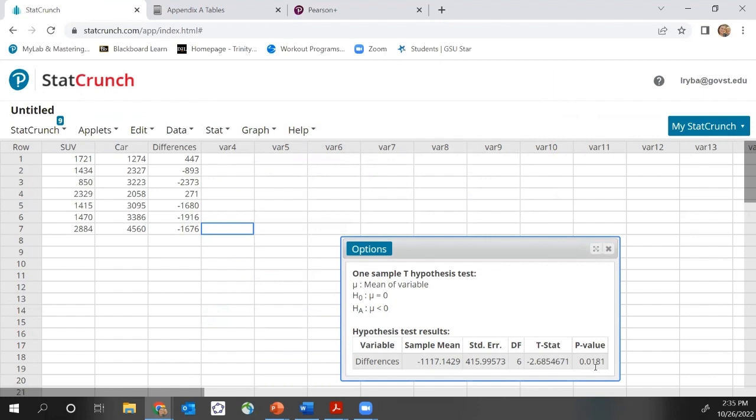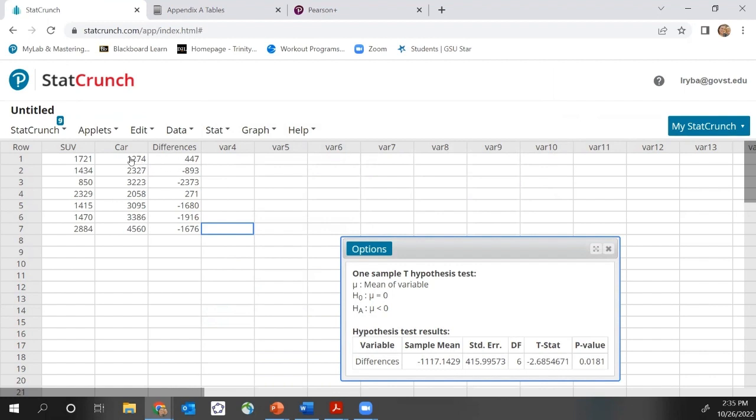You can use the 2 columns, and StatCrunch will calculate the differences and do all of that as a paired test under paired. Or you can calculate the differences here and then run a 1 sample. And how you get this is literally just 1721 minus 1274.